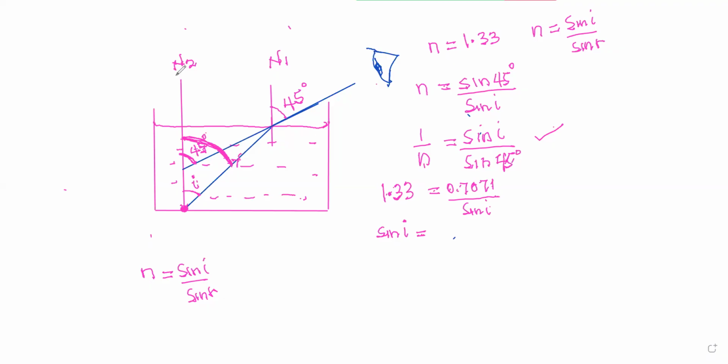So if I intend moving in this direction, then the angle of incidence will be 45, and then the angle of refraction will be I. So that's what I've used here. But I can also pick it from moving from water to air, and this will be the reverse, which is this.